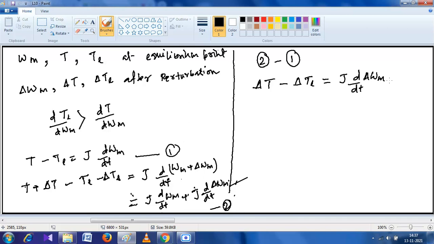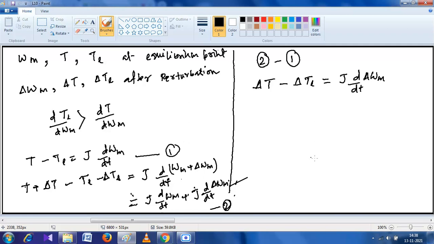And if the perturbation, that means the disturbance, is small, then we can say that this is basically like a straight line. If the perturbation is very small, then any curve we consider to be like a straight line.